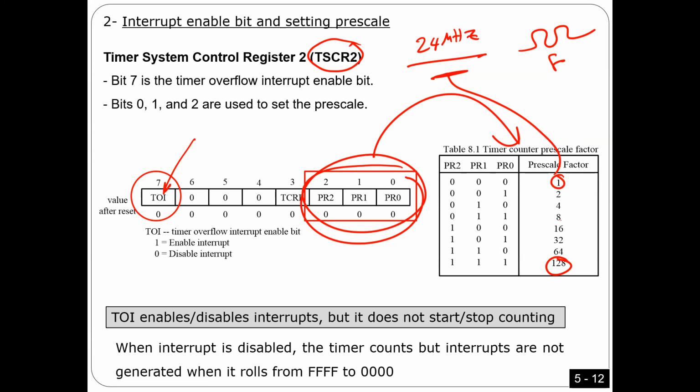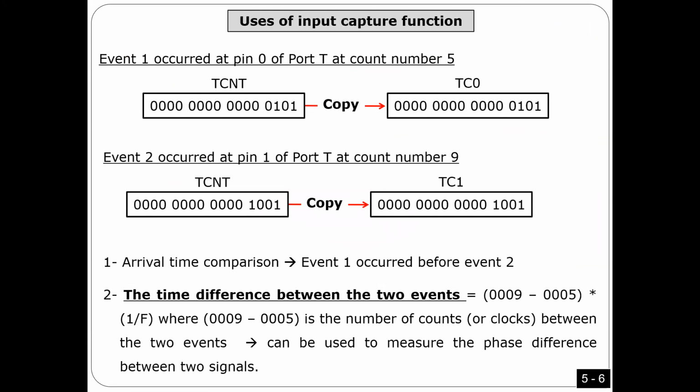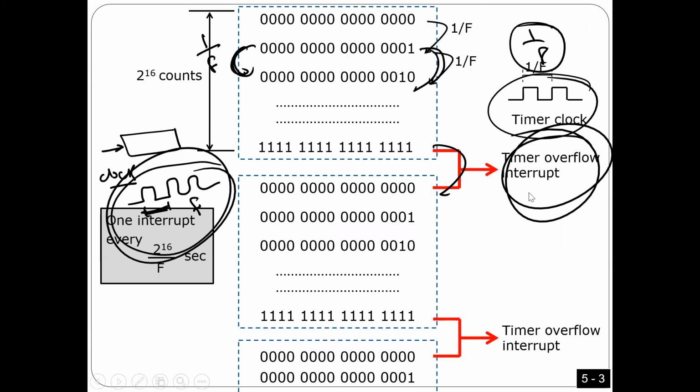No, the timer is counting, but when the timer overflows, from 111 to 000, it is not going to trigger an interrupt. Or let me be more accurate. Even if it triggers an interrupt, we're not going to serve this interrupt. So when it triggers, it can still be counting.